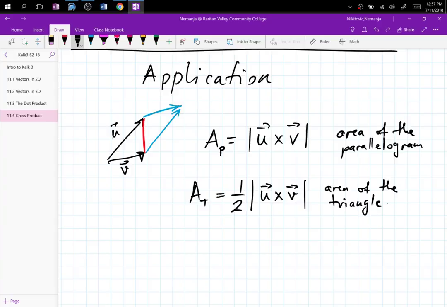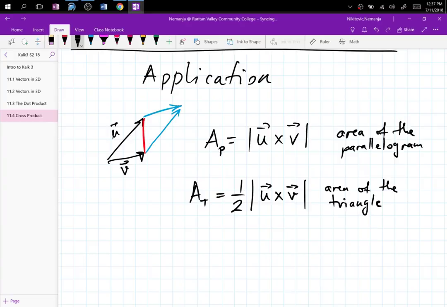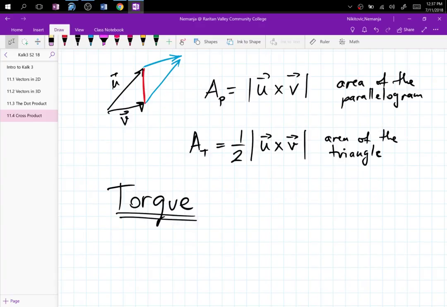The next concept is, again going into physics, torque. Torque is the force that works in a circle. If you are thinking about a wrench or a screwdriver, you actually have the right idea.